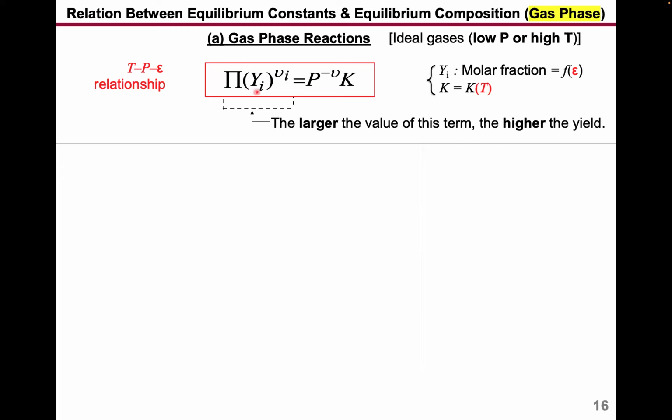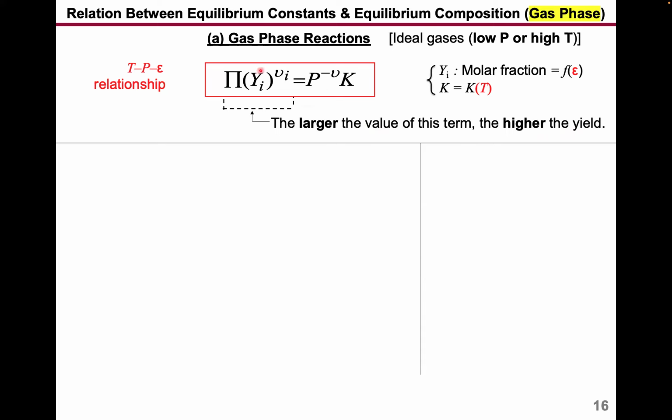Remember the product side is on top: v_i is positive on the product side and negative on the reactant side. So if you think about it, you have the product of the products multiplied together, divided by the reactants multiplied together. The larger this value, the higher the yield, meaning that the reaction pushes towards the product side.